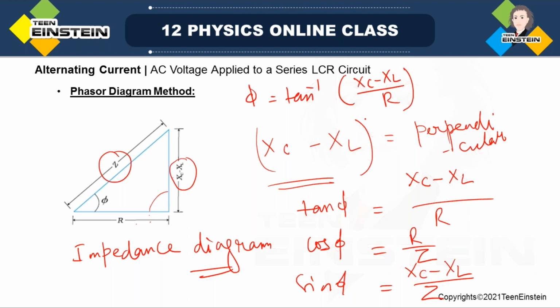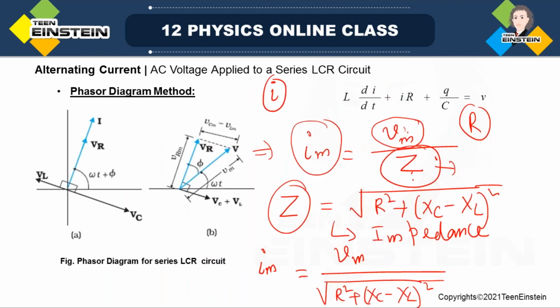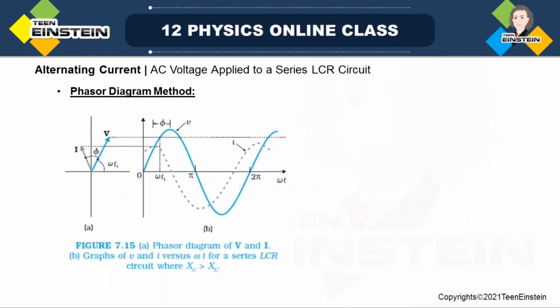So this is the phasor diagram method to find the current and the phase relationship between current and voltage.